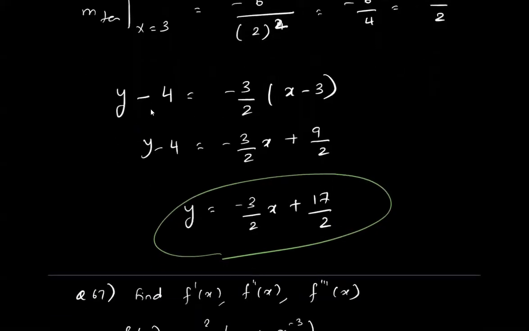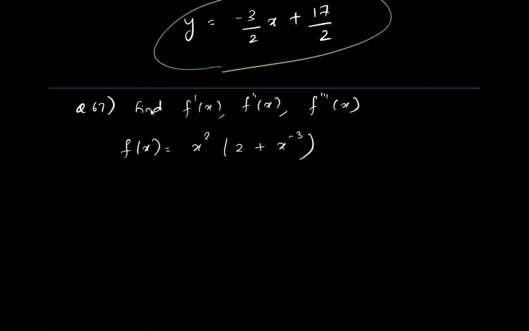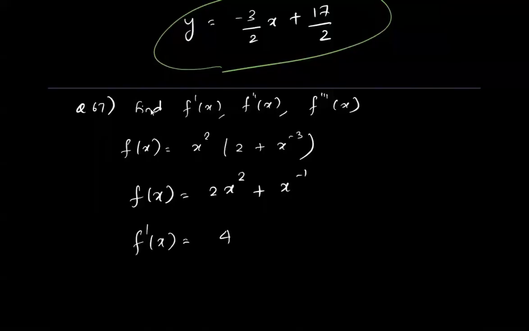Okay, so here we first find the first order derivative, but before we do anything, I'm going to distribute. So 2x squared plus x to the power of -1, okay? Then the first order derivative is 4x minus 1x to the power of -2, which can be written as 4x minus 1 over x squared.